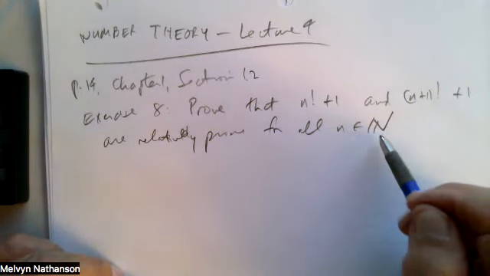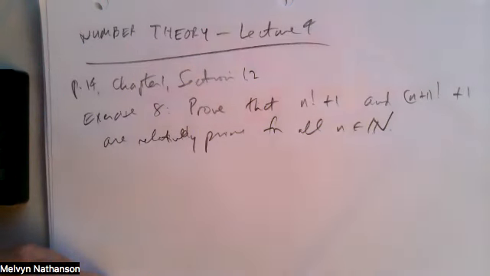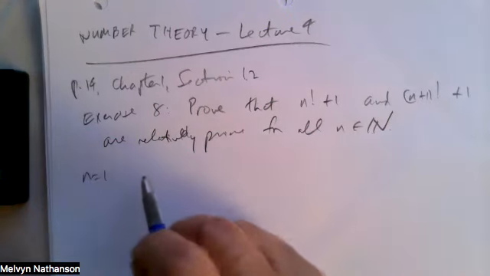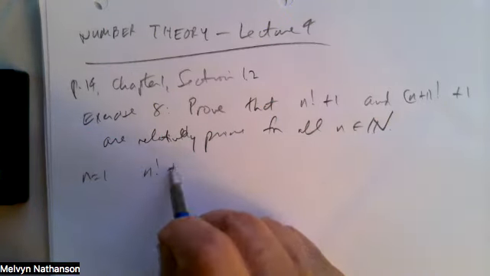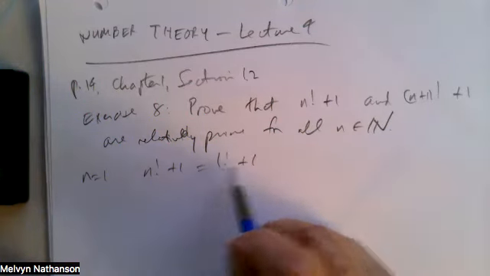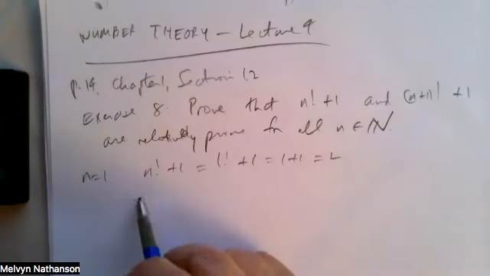This sort of boldface n means the set of positive integers. So a good strategy, if it's not obvious what to do at the very beginning, is just to look at the small cases. So suppose n equals 1. So n factorial plus 1 is 1 factorial plus 1. 1 factorial is 1, so 1 plus 1 is 2.